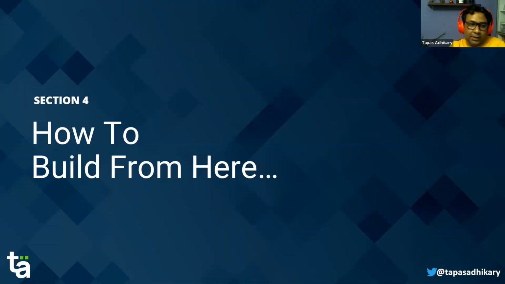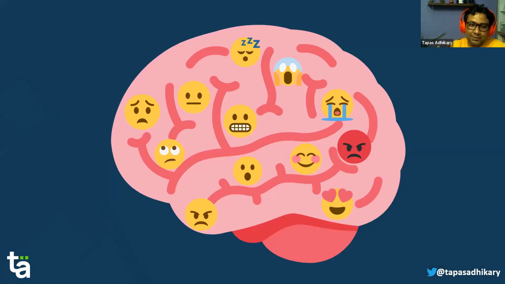The last section before I come back to the question and answer and the tools is how to build from here. So we have got the concept of how the call stack, the callback queue and the job queue come into the picture, and what gets precedence over each other. But this understanding might make you feel something like this, right?